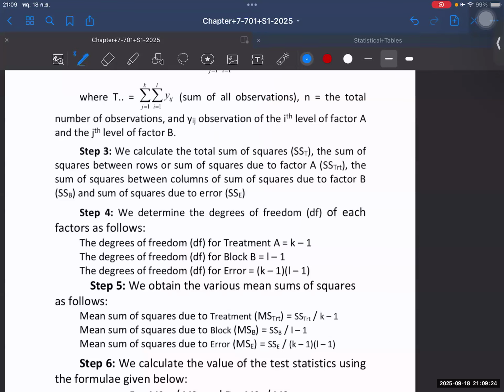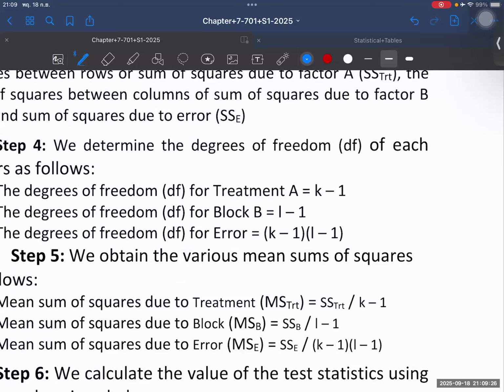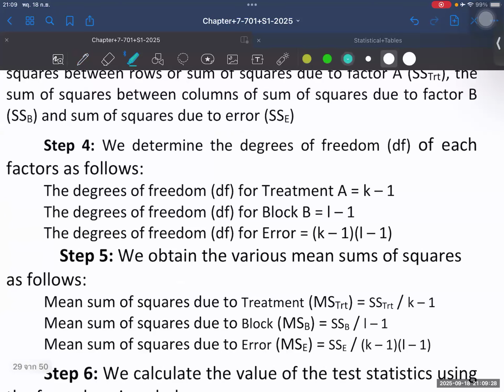As last time, we have k minus 1 because we have k treatments. But this time we have the block, which is L minus 1 again. And the error degrees of freedom is calculated by k minus 1 multiplied by L minus 1.